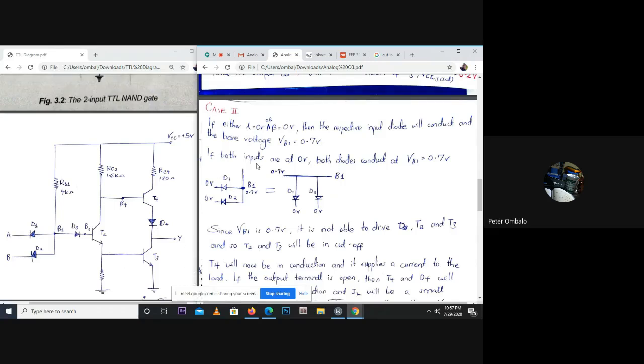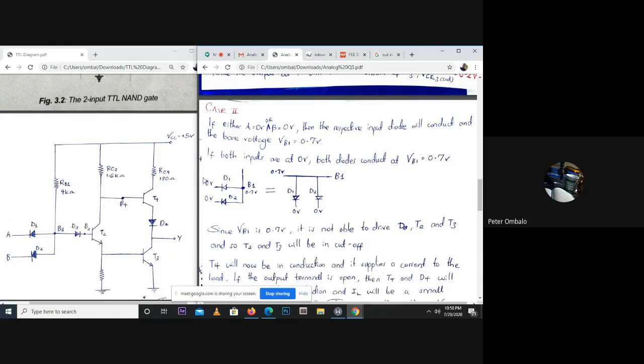This was just for clarification, the diagram. I had a little problem myself figuring out why we have 0.7 volts even when both A and B are set at 0, but I figured it's a parallel connection. So assuming you have a line here that is VB1, this node, if this line here is held at 0.7 volts, after the drop both lines are going to be at 0.